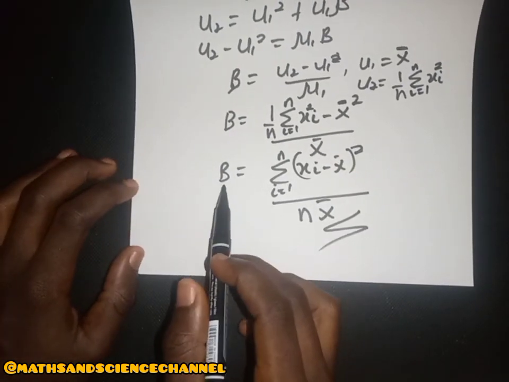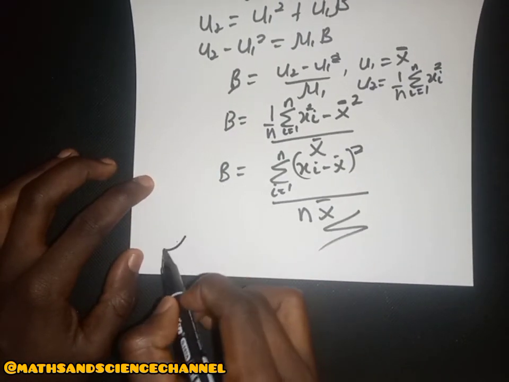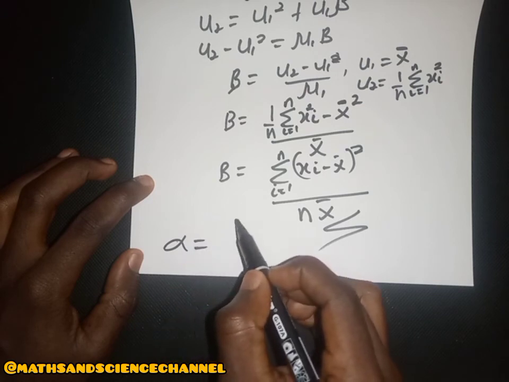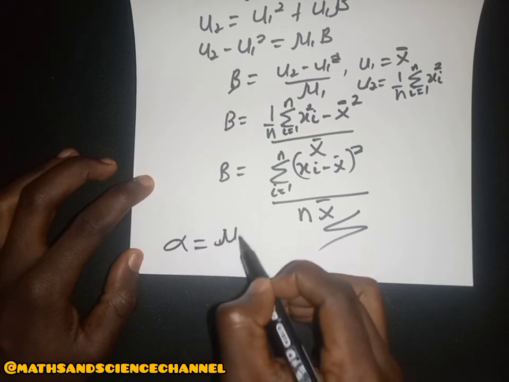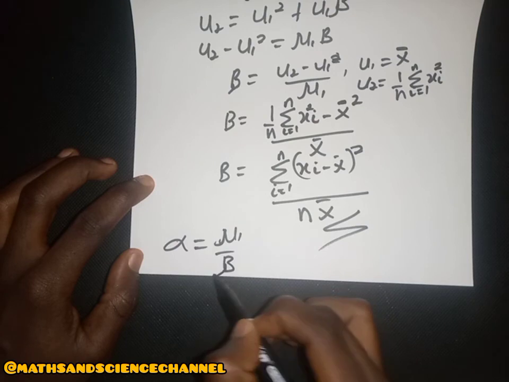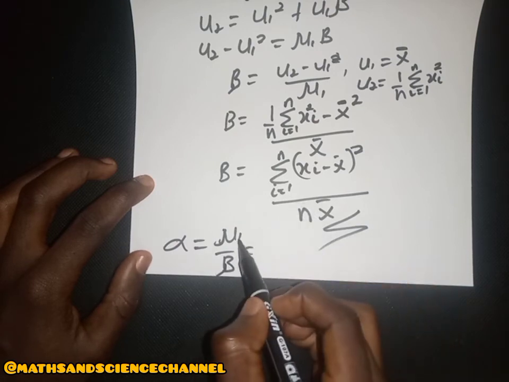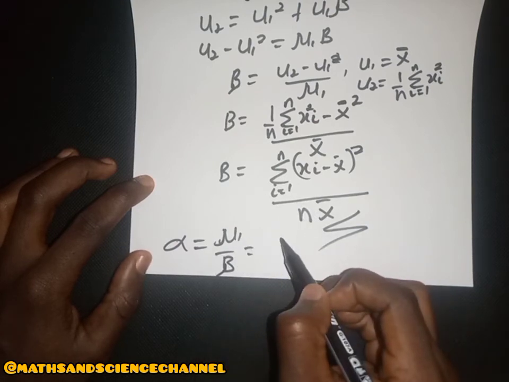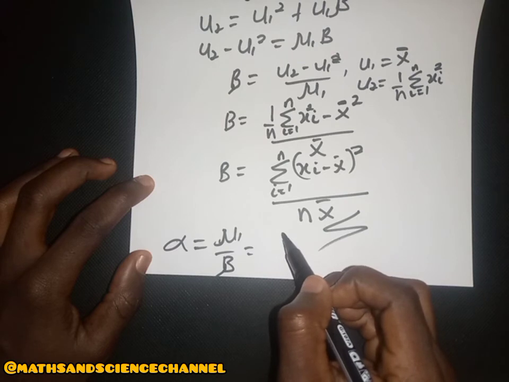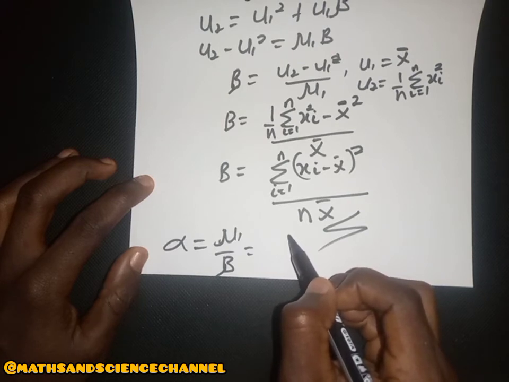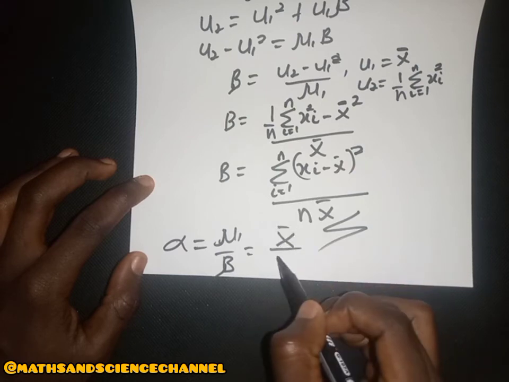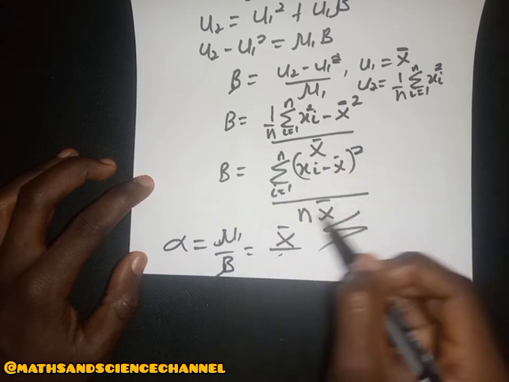So if this is the value of beta, remember we said alpha here is equal to, from equation 3, u1 over beta. So if that is the case, what is u1? u1 is just the mean here. So we have the mean here divided by beta. What is beta? Beta is the whole of that.